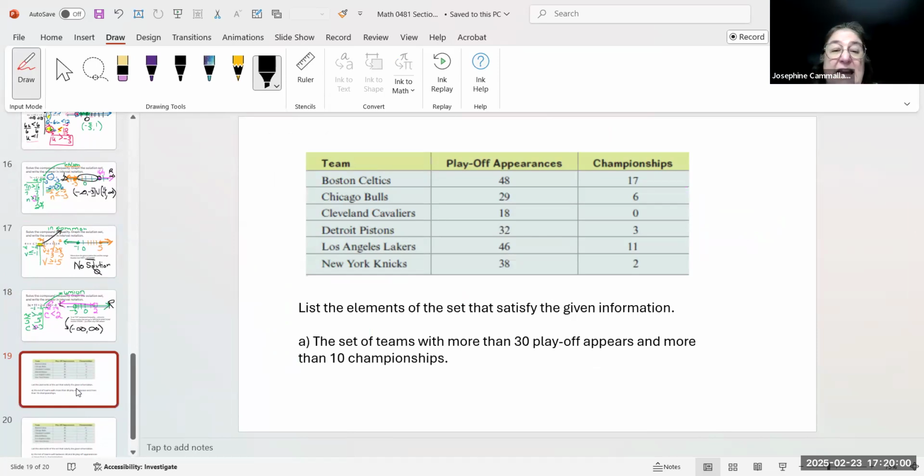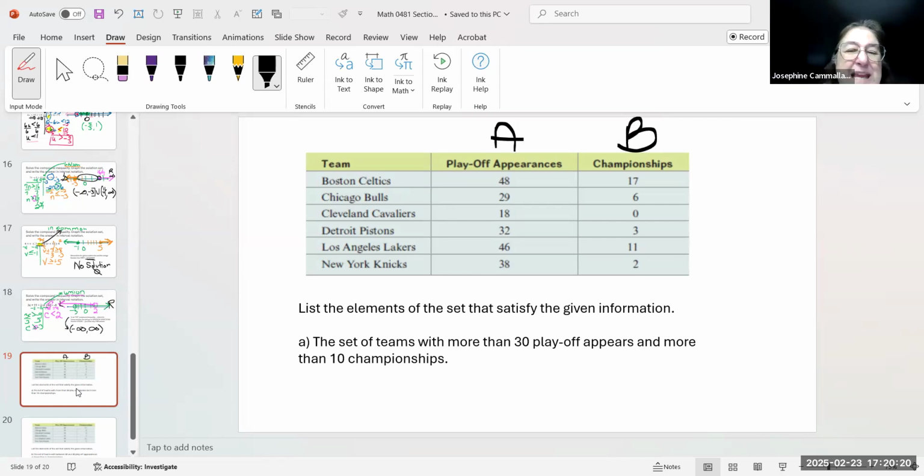Now, in this case, it is saying you have this table. List the elements of the set. This is set A, this is set B. And we're looking for either the union of A and B or the intersection of A and B.